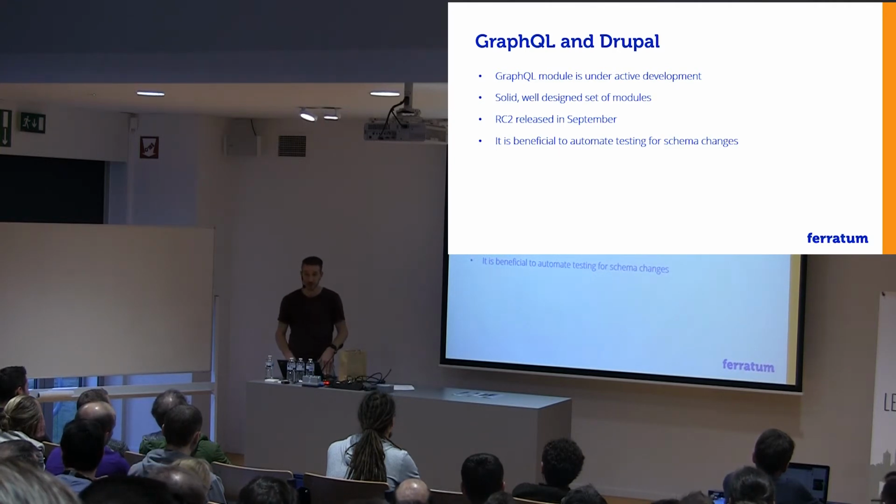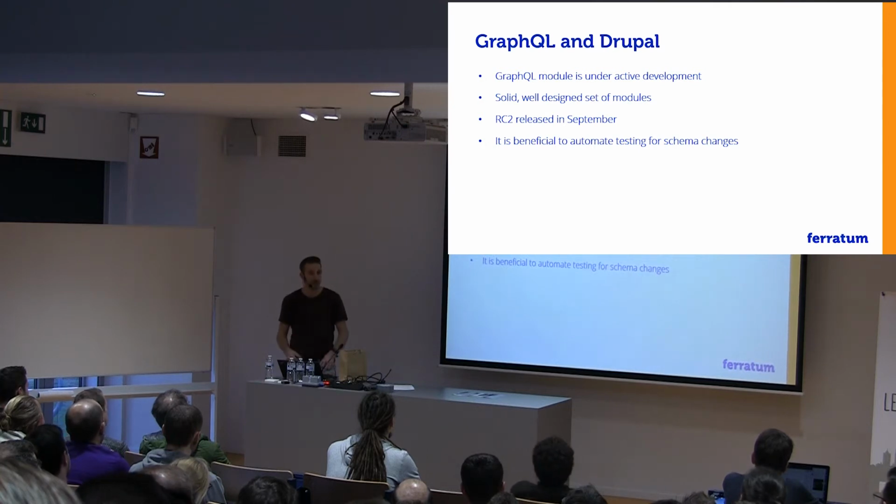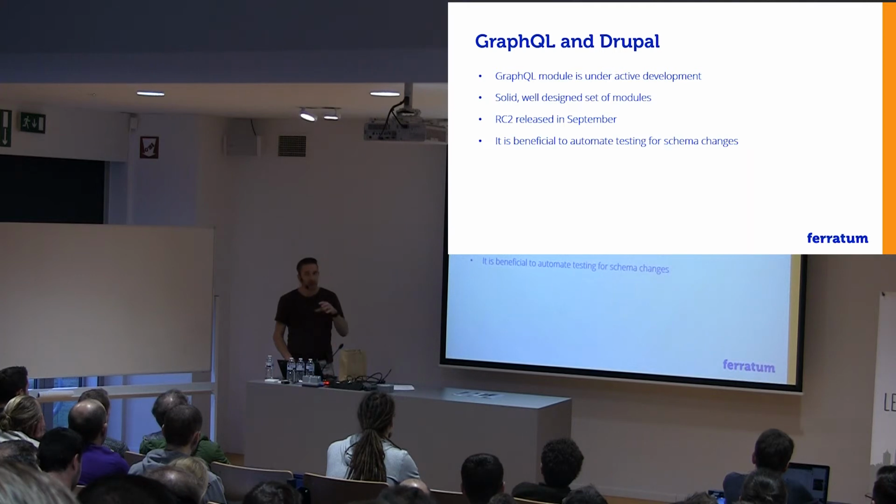So it's very beneficial to test for schema changes via some automated testing, using, I don't know, some schema diffs, before update, after update, to see what has actually changed.